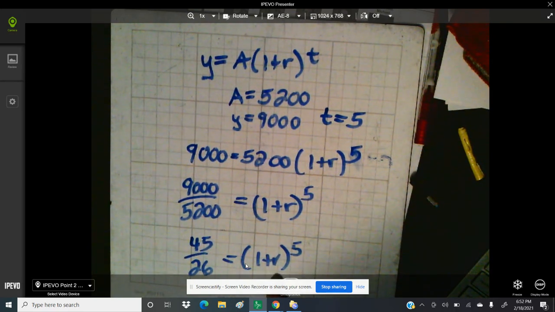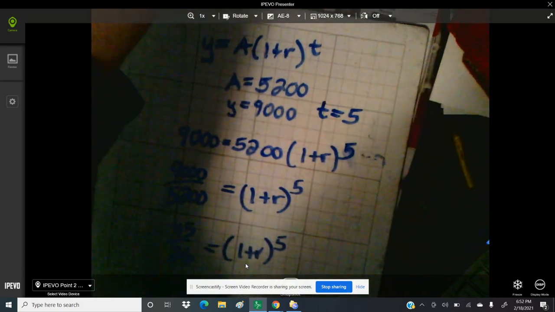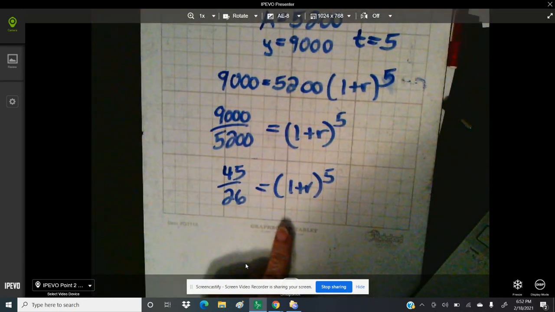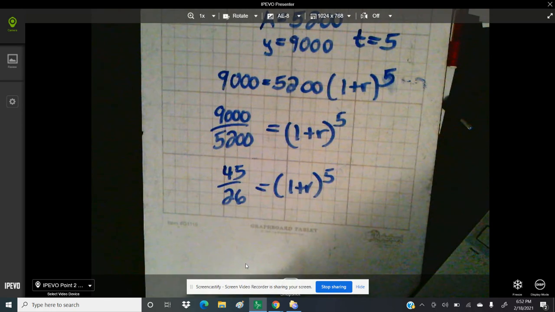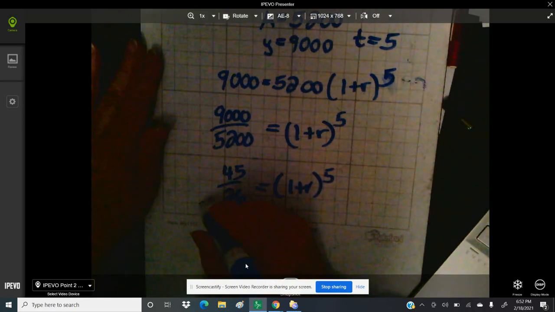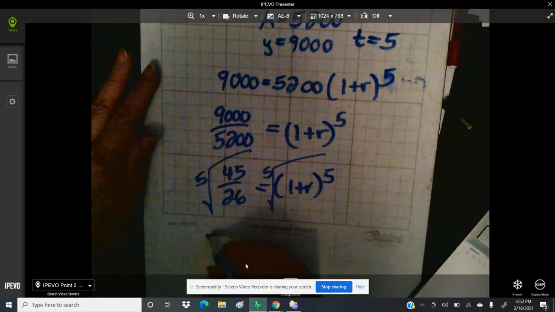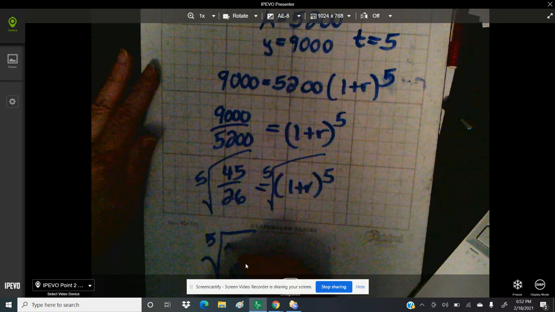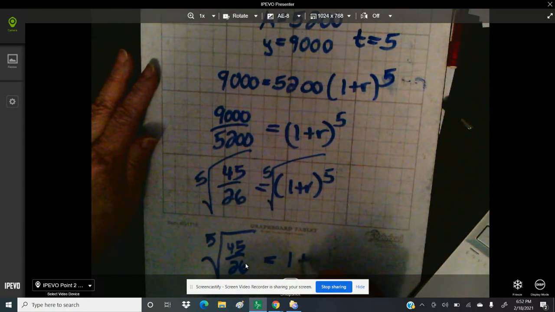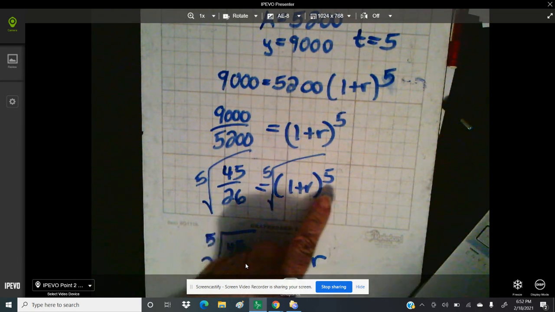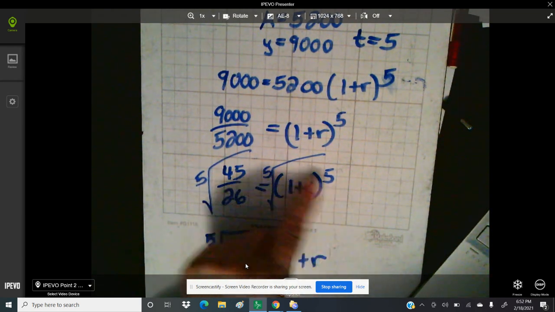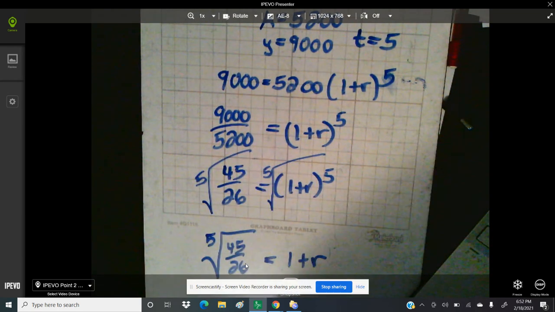All right, so now this kind of goes back to our last chapter where we have something raised to the 5th power. Well, to kind of undo that, I have to take the 5th root of both sides. So now I'm going to get the 5th root of 45 over 26 equals 1 plus r, because if I take the 5th root of something that's raised to the 5th power, it's as if those cancel each other out.